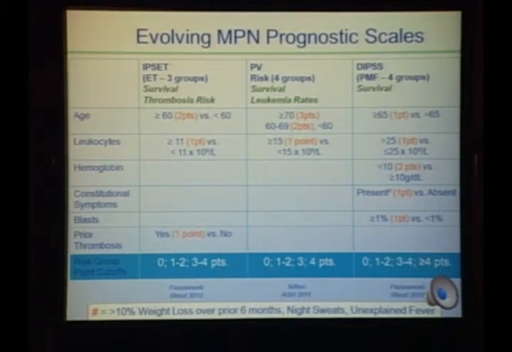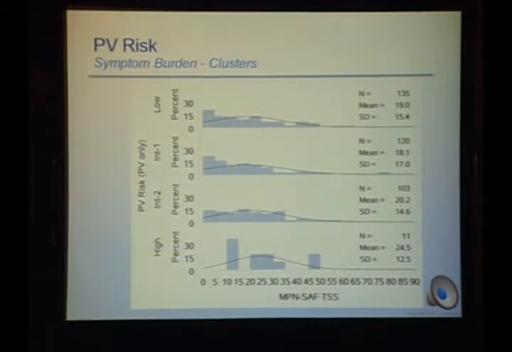Now, how do these things compare to the symptom burden? Well, they're a little different. When we did our analysis comparing risk groups in PV, according to how life-threatening the disease is versus how difficult their symptom burden is, we saw that there was not a one-to-one relationship.